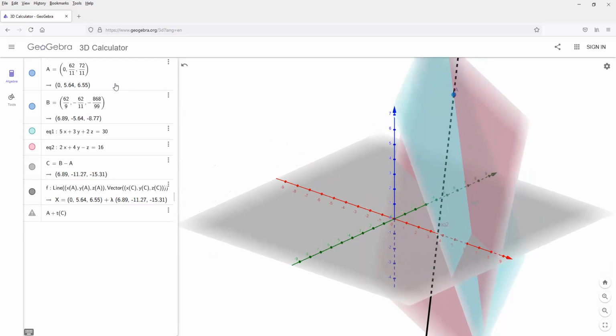B was... so B, C is B minus A. So B, I think B isn't right.